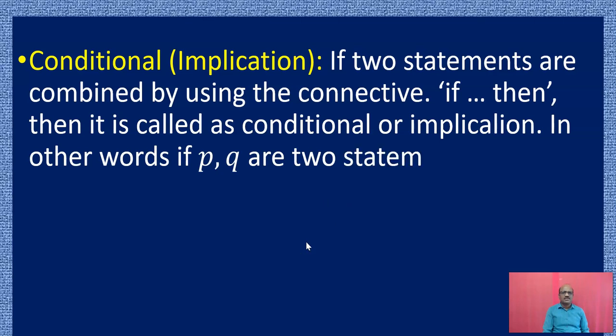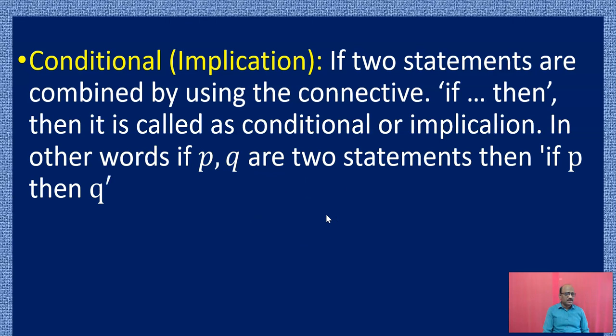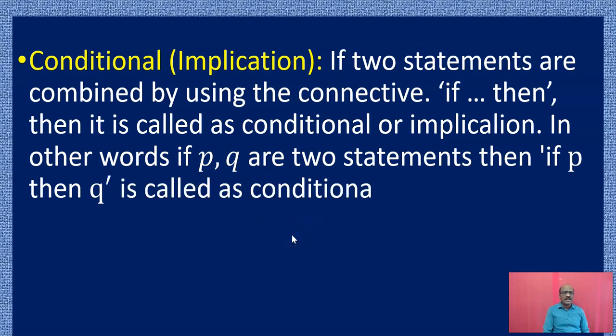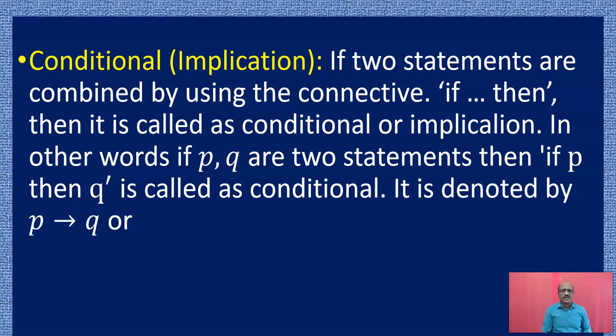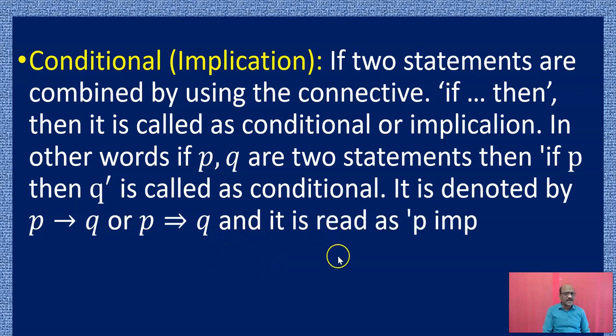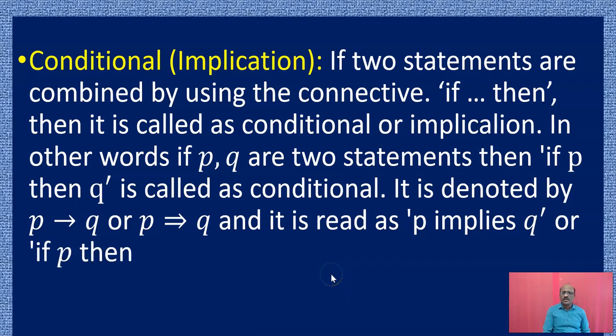In other words, if P and Q are two statements, then if P then Q is called a conditional. It is denoted by P implies Q, and it is read as P implies Q or if P then Q.